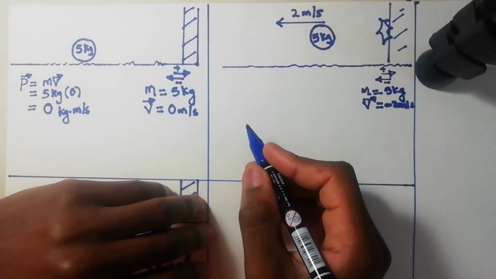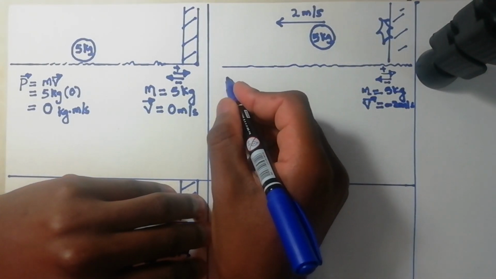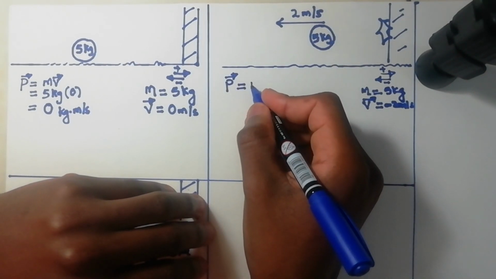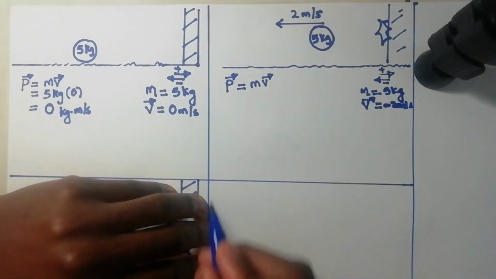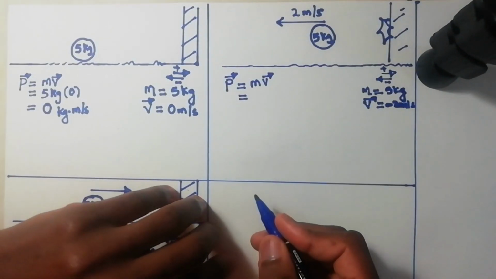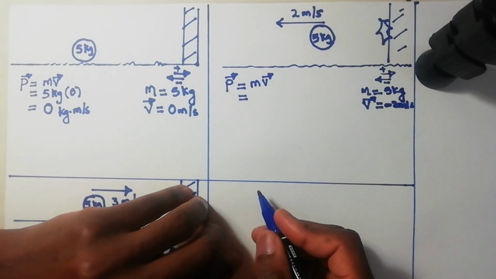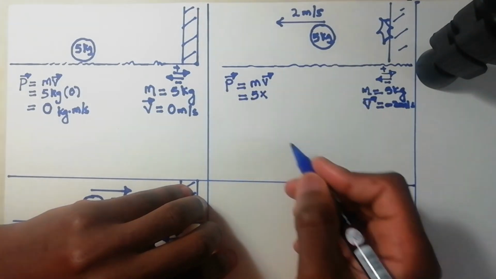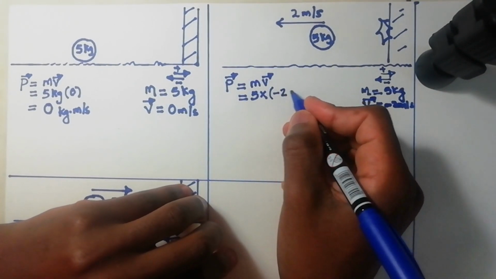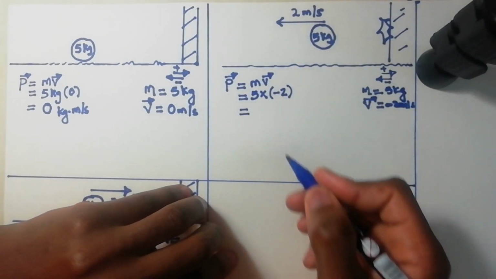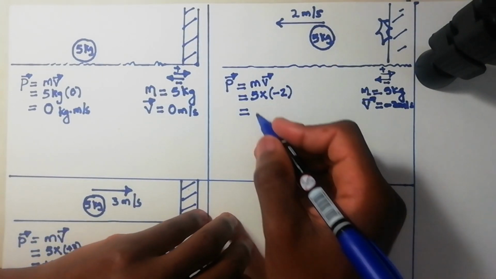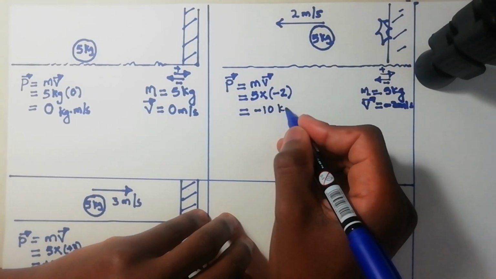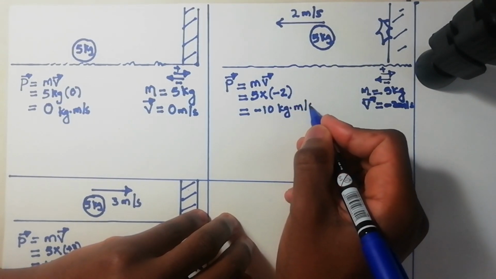Third step, we state our momentum formula: P equals mv. Then we put our values. Mass is 5 kg multiplied by our velocity, negative 2 meters per second. Then 5 multiplied by negative 2, we get negative 10 kilograms meters per second.